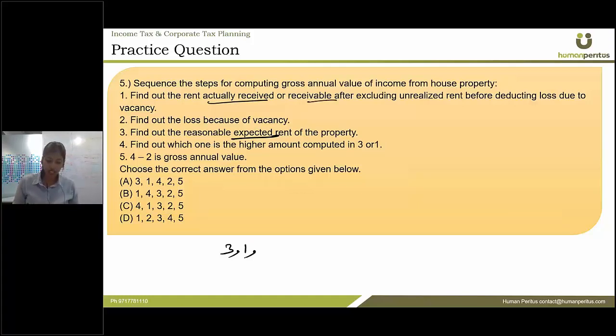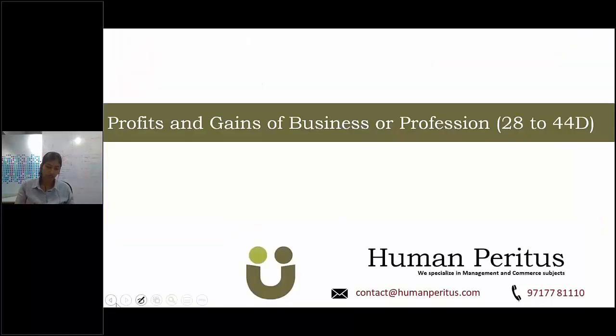That is our second step. Then we calculate the value which is higher in the first and second step. That is our third step. Then we deduct loss due to vacancy and we get gross annual value. So these are the steps. So answer is A. Correct, Sabia. So this finishes our house property, and now we'll start with PGBP.